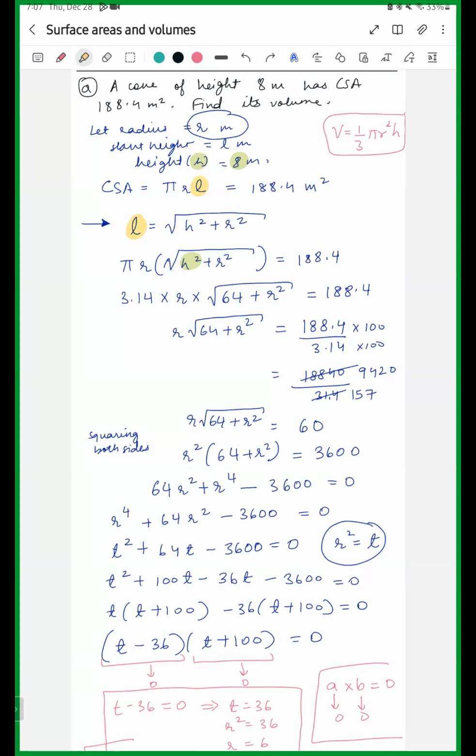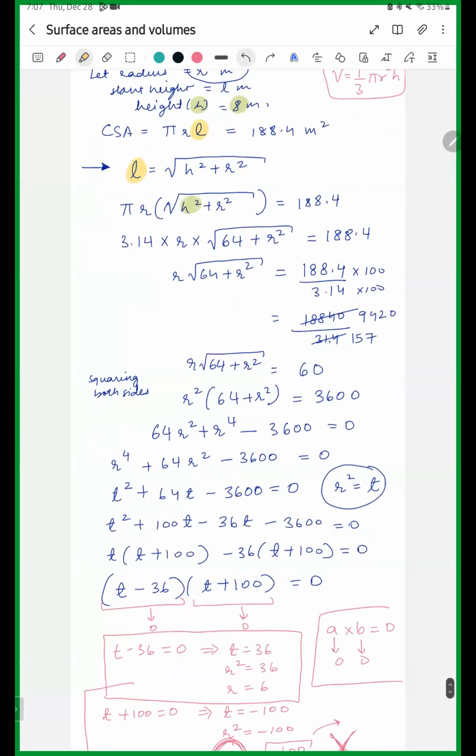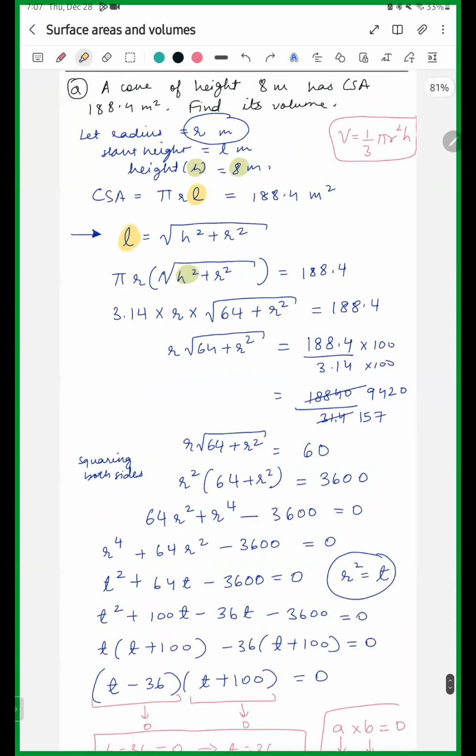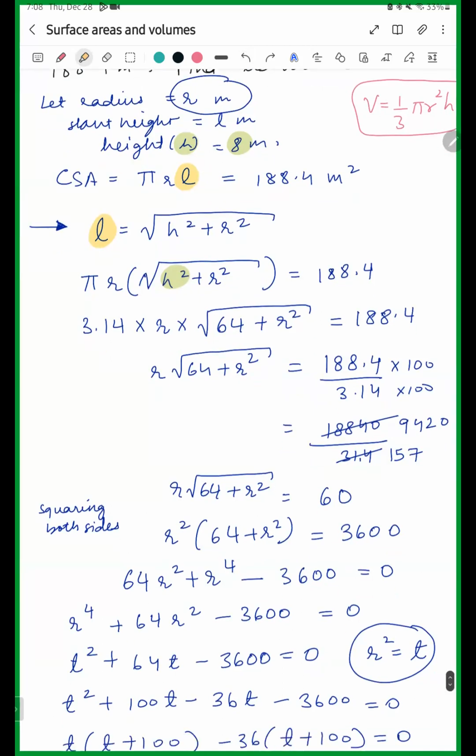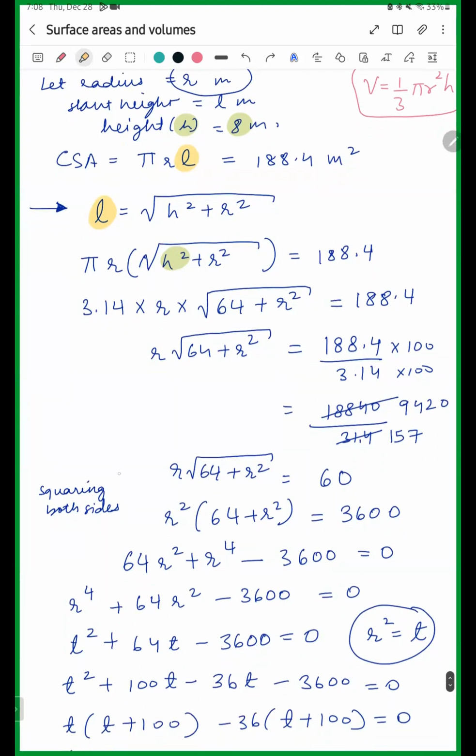Now, in curved surface area, the important step in this question is that the l, we wrote it as under root h square plus r square. Now, after writing it as under root h square plus r square, we put that value of l in the formula for curved surface area. And then we just put the value of h, we put pi, and we got till here.